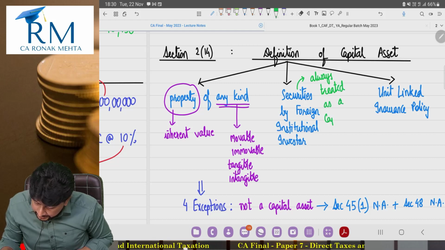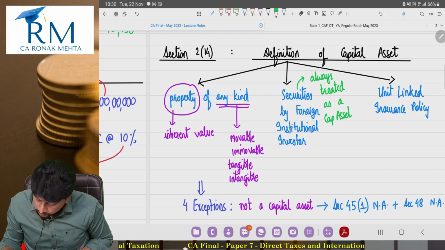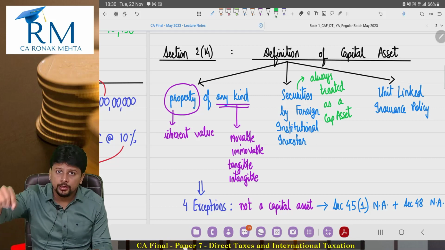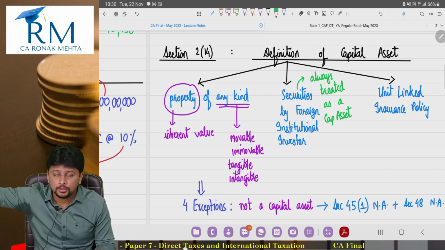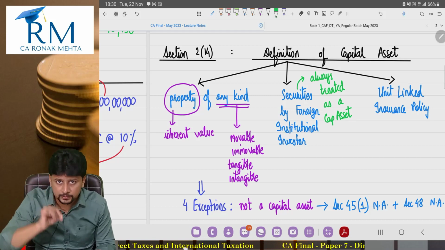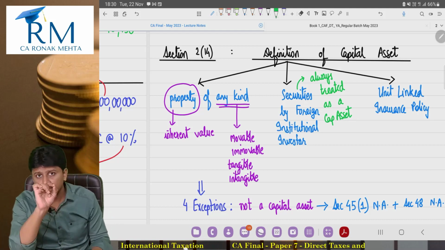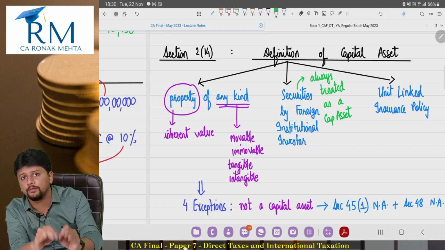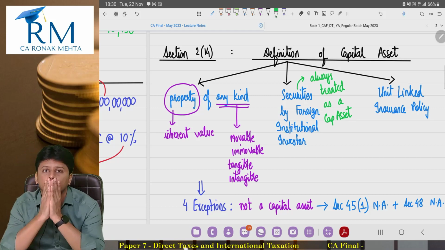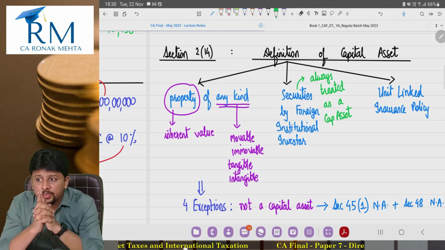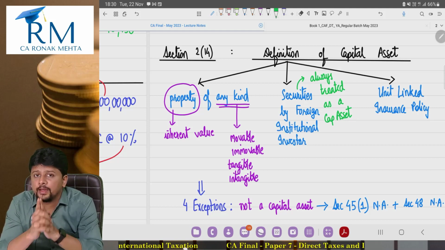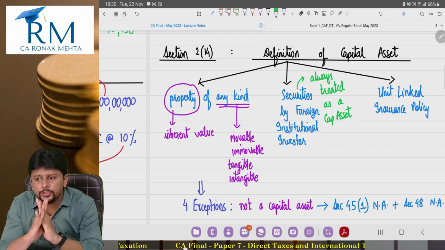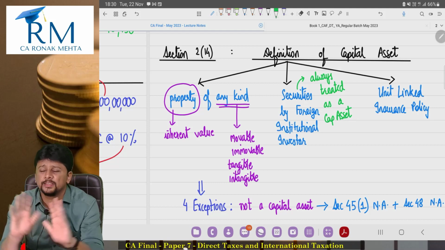Even to that extent that if the foreign institutional investor in its books of account classifies these securities as stock in trade, for income tax purposes, securities held by foreign institutional investor is always going to be a capital asset only. This is specifically mentioned in the definition of capital asset. Securities held by foreign institutional investor for tax purposes is always a capital asset.